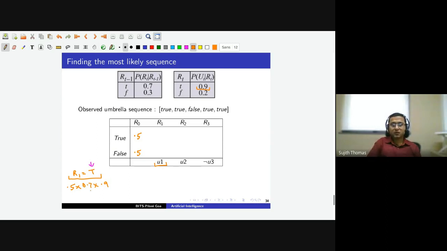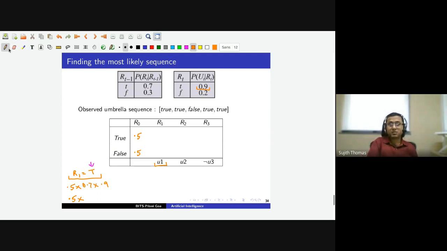The other possibility is we start from R0 equal to false and end with R1 equal to true. So R0 equal to false again has a prior probability of 0.5. Now we are making a transition from R0 equal to false to R1 equal to true.